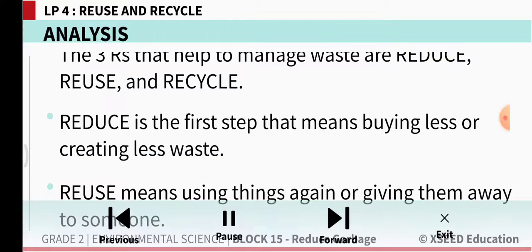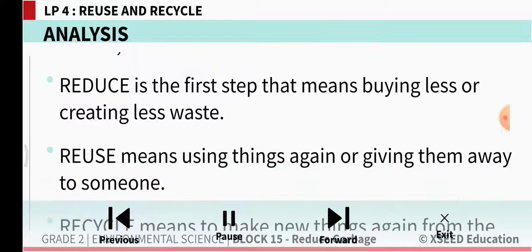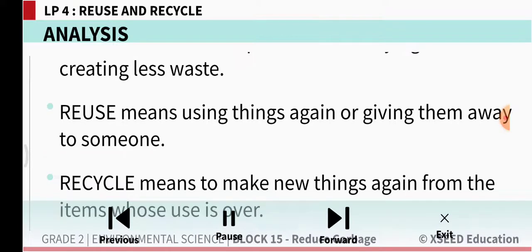Reduce is the first step, that means buying less or creating less waste. Reuse means using things again or giving them away to someone. Recycle means to make new things again from the items whose use is over.